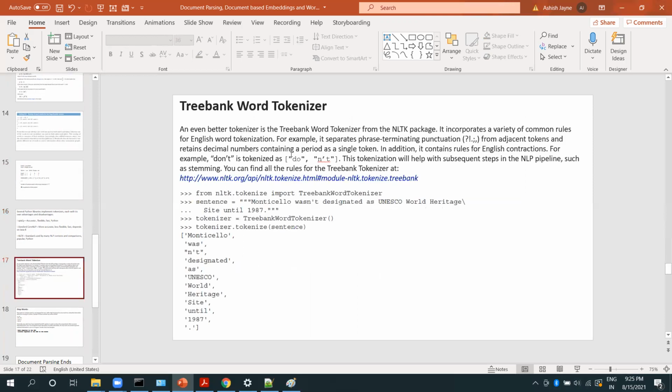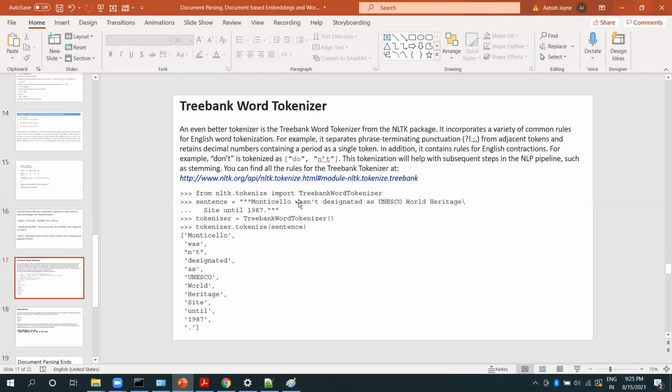Now, the Treebank Word Tokenizer. This is a tokenizer available in the NLTK package, and this piece of code explains how to use it. You do the import, create an input sentence, initialize the tokenizer variable by calling the constructor of the TreebankWordTokenizer class, and then use the tokenize method to tokenize a sentence. As you can see, this tokenizer has been trained to understand contractions as well.